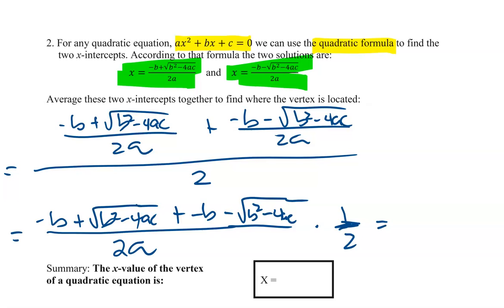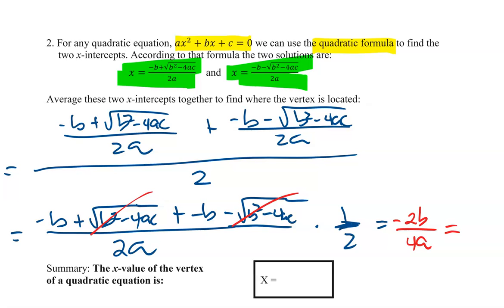And here you can see that you can cross out square root of b squared minus 4ac minus square root of b squared minus 4ac, so that's 0. So this is equal to negative b minus b, which is negative 2b, over 2a times 2, which is 4a, and we can still simplify this.